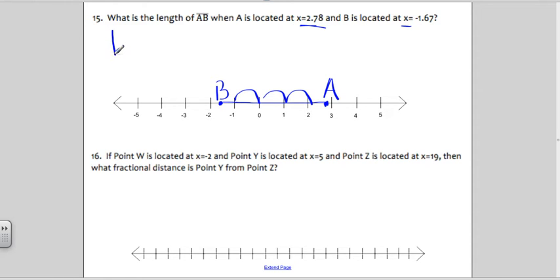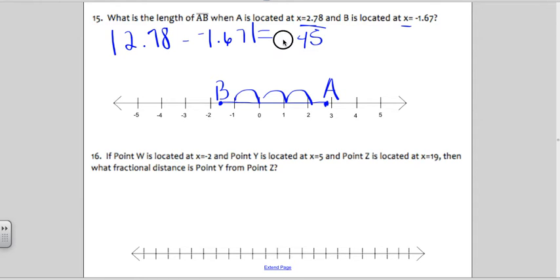So I would have absolute value of 2.78 minus a negative 1.67. So what is 2.78 minus a negative 1.67? So let me see here. That's going to be a 5, carry the 1. That's going to be a 4, carry the 1.